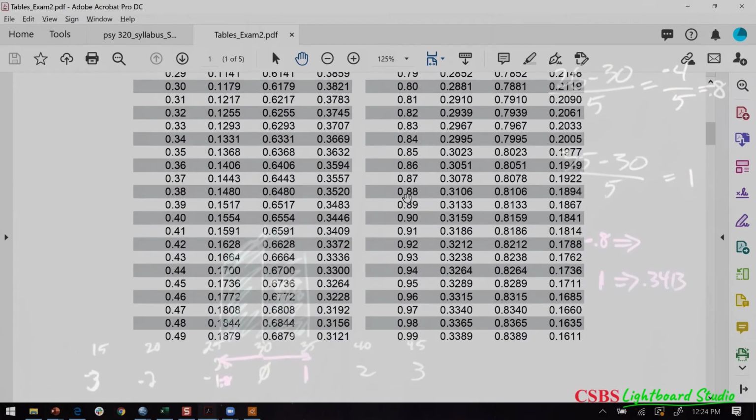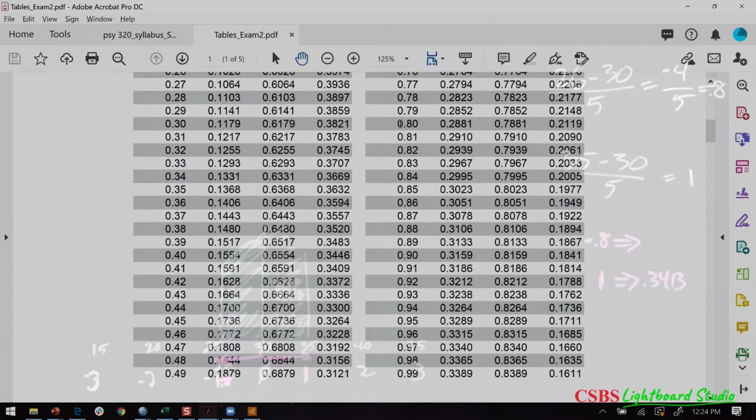So we're going to look up the mean to +0.8. And it looks like it is 0.2881. Let me write that down. 0.2881 is the area. These are the areas. And that's it for the z table.